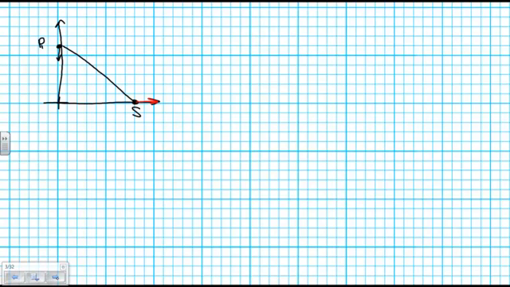Well, let's start by assigning some variables to our situation. That distance I'm going to define as x. This distance down to the intersection, I'm going to define as y. And this distance, z is fine.